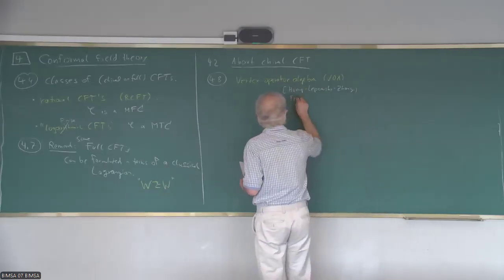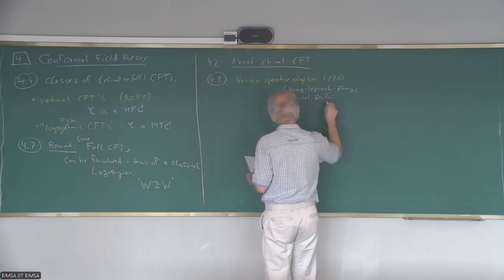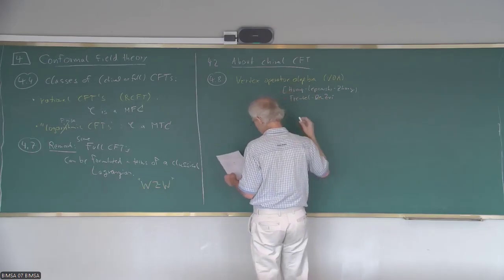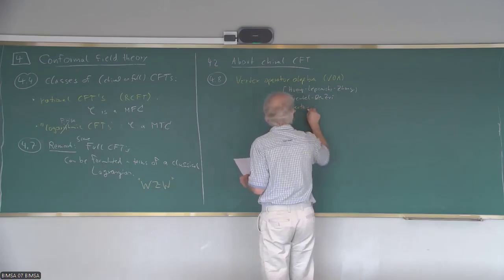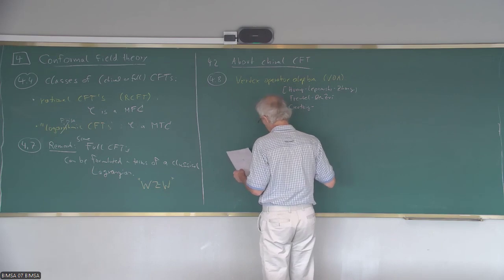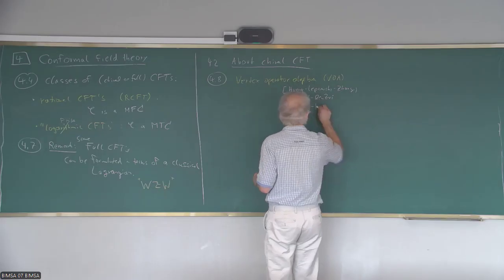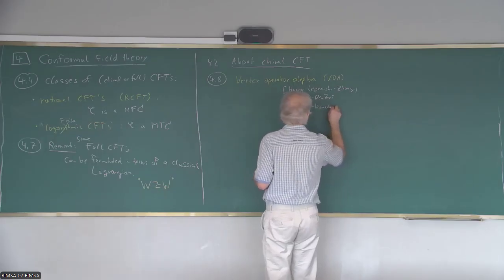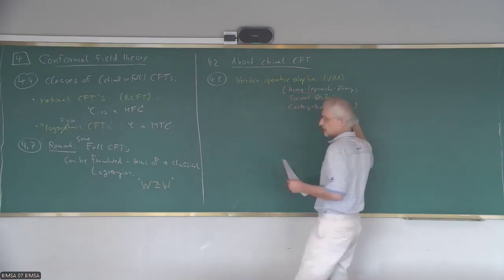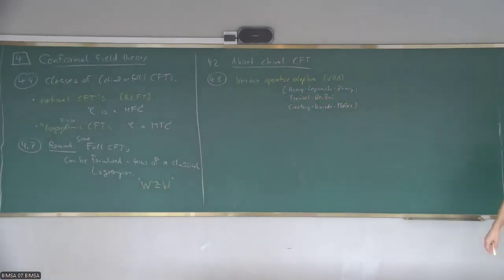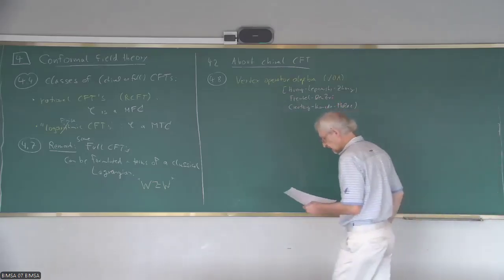Then there is the book by Frenkel and Ben-Zvi. And let me mention, when it comes to representations, the paper in the list by Creutzig, Kanade, and McRae. I think he's here now, so you can ask him about the details.